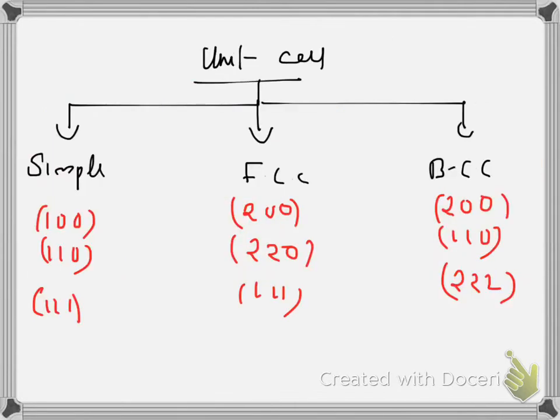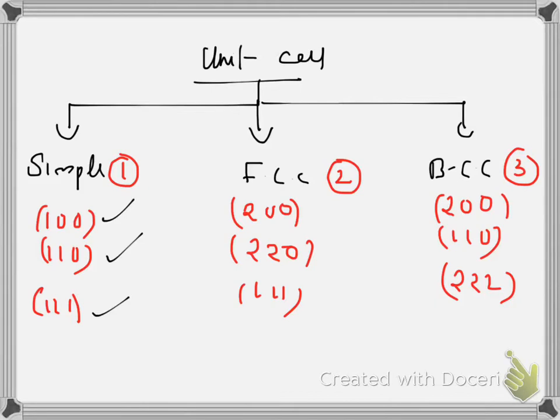We have three kinds of unit cells mainly. By avoiding the end-centered unit cell, we have simple cubic, FCC and BCC. For simple cubic, we have three lattice planes: 100, 110 and 111.